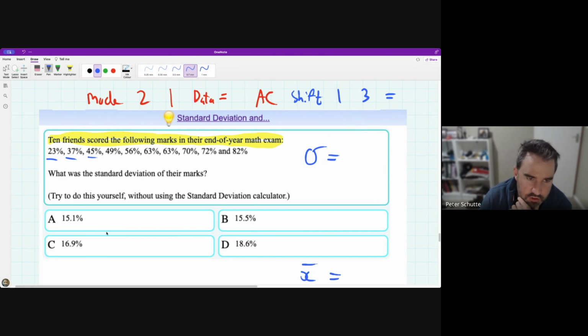What do we think is the correct answer for this? What was the standard deviation of their marks? I'll give you a bit of time. Let's have a couple of students just so we can confirm.